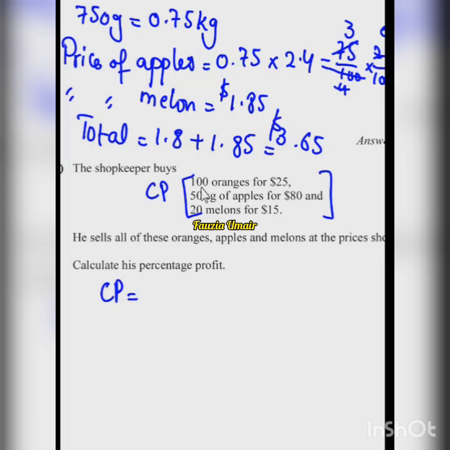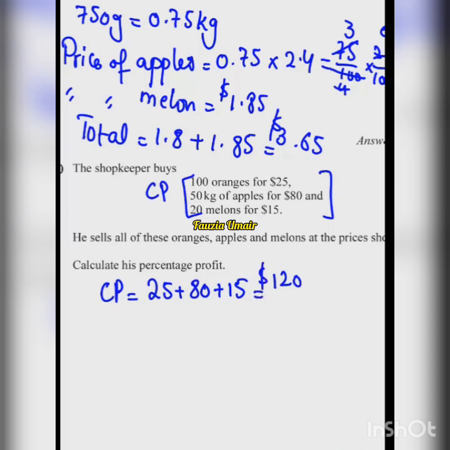So 100 oranges for $25, then $80, and then $15. How much total money did he spend? So it is 40 plus 80, $120. He spent $120 in purchasing those fruits.